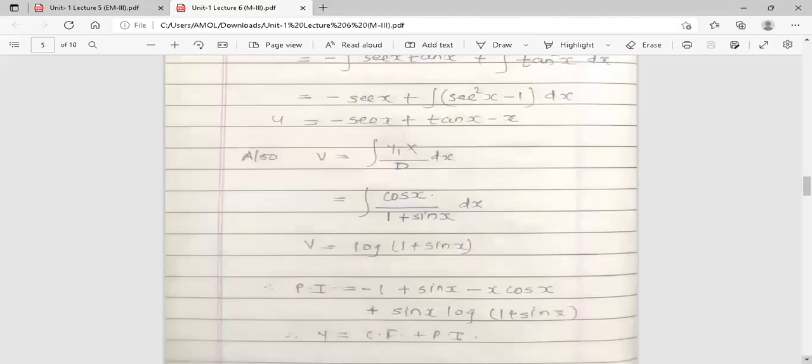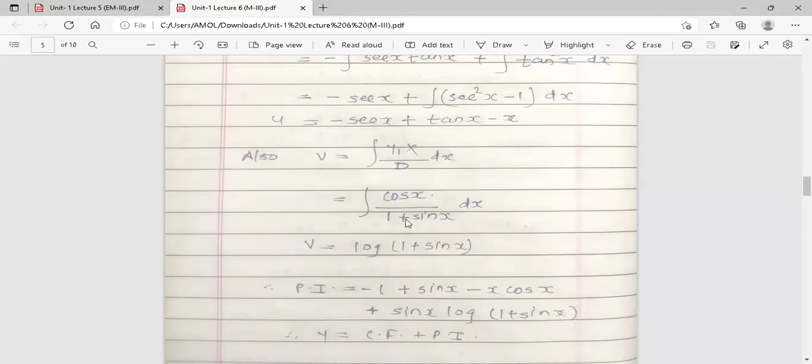Now what is v? The formula to find v is integration of y1 times R upon D dx. Now the value of y1 is cos x, the value of the RHS function is 1 upon 1 plus sin x, D is 1, so 1 as it is, integration with respect to x. Now how to solve this integration?